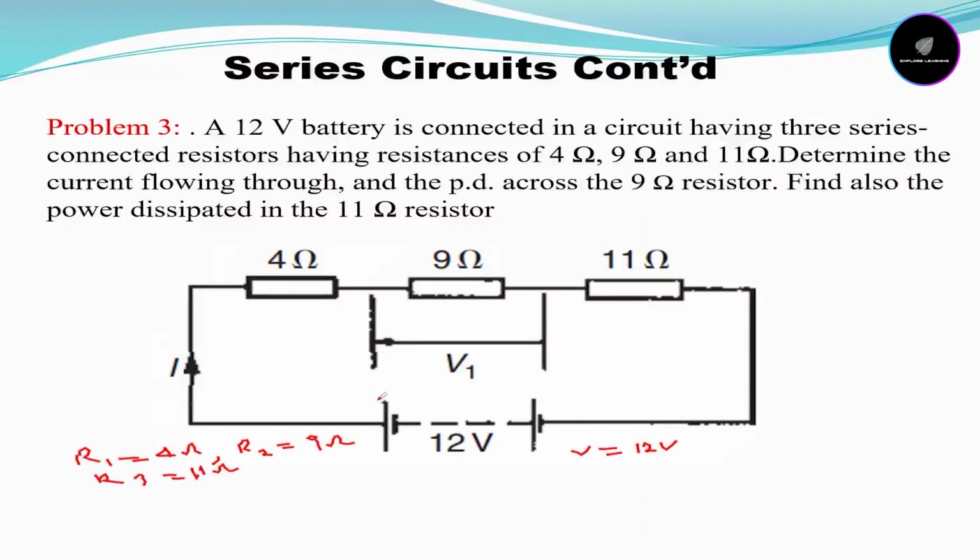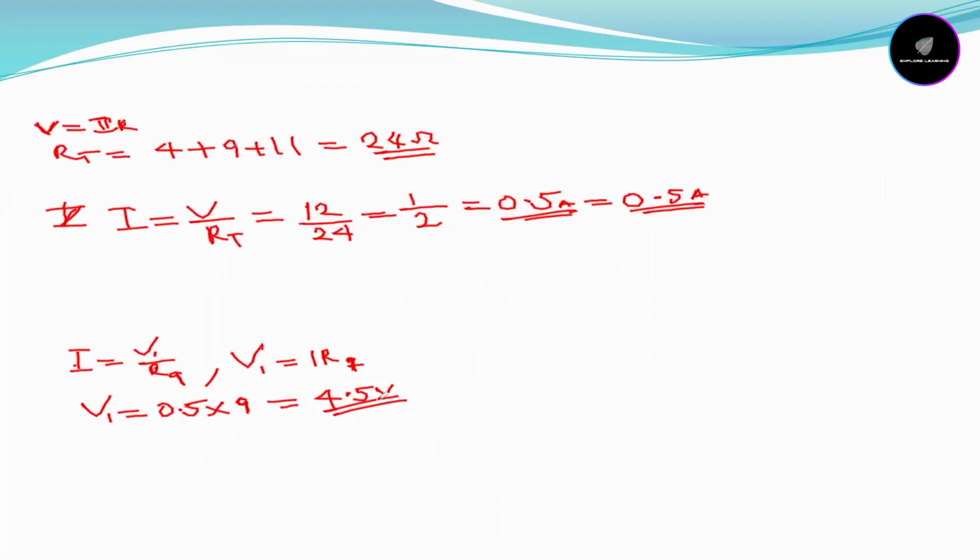Then the last question says, find also the power dissipated in the 11 ohms resistor. Since we are concerned about the 11 ohms resistor, we need to carefully check which formula we can use.